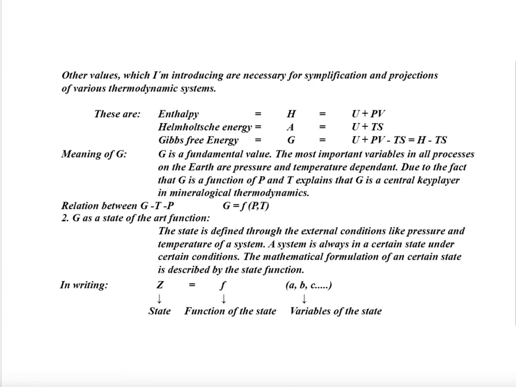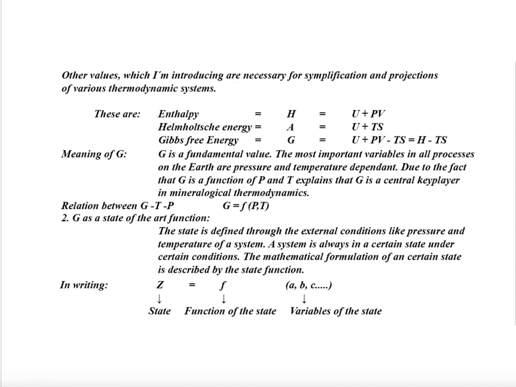That is because the most important variables in all processes on the Earth are pressure and temperature dependent, as I told you before. And due to the fact that G is a function of pressure and temperature, G is a central key player in mineralogical thermodynamics.